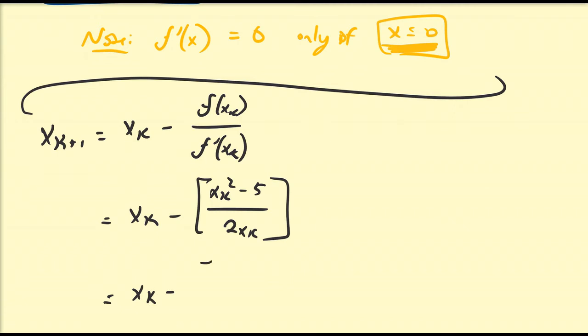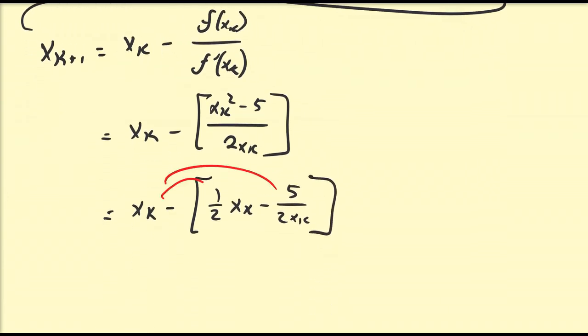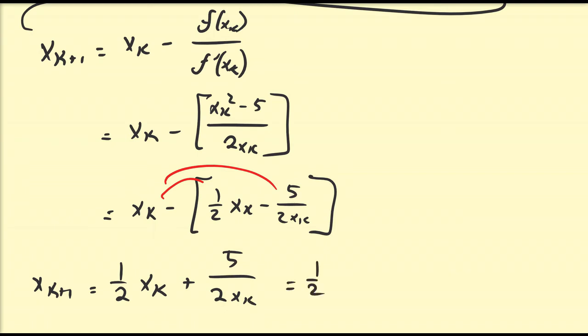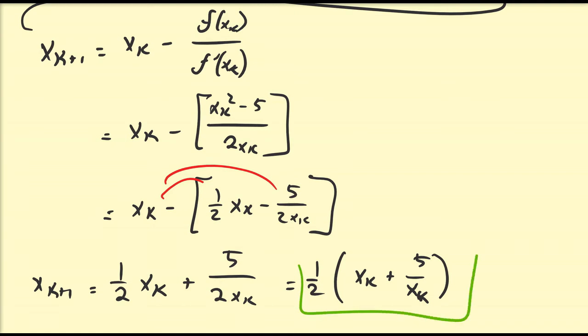So we're going to have x_k minus 1/2 x_k minus 5 over 2x_k. And then I can distribute that negative to get a nice compact form. So x_{k+1} is going to be equal to 1/2 x_k plus 5 over 2x_k, which is the same as 1/2 times (x_k plus 5 over x_k). I guess this is a nice form to work with.